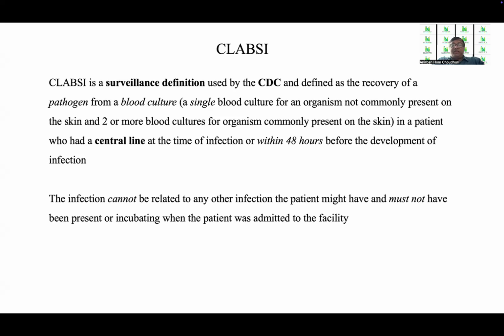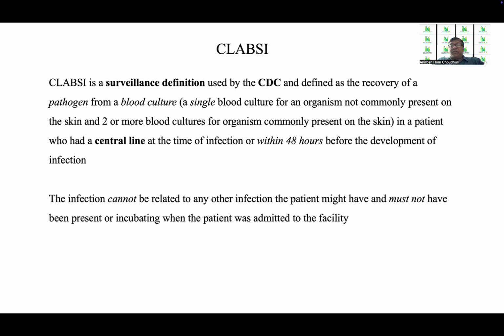And as per the surveillance definition, it is defined as a recovery of a pathogen from a blood culture. This can be a single blood culture for an organism which is not commonly present on the skin, or two or more blood cultures for organisms which may be commonly present on the skin.